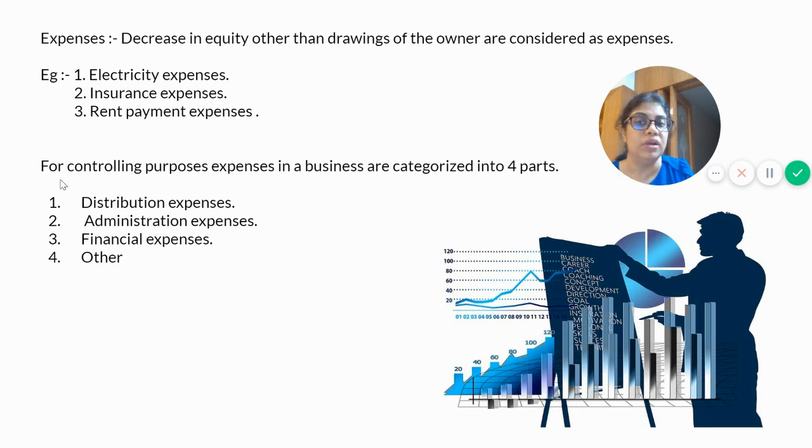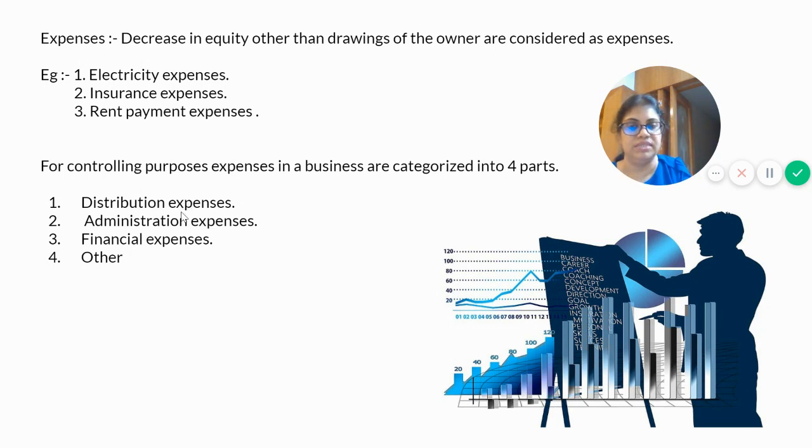Then for controlling purposes, at the time of preparing financial statements, we'll be categorizing these expenses into 4 parts. This is mainly for controlling purposes. Thereby, the expenses will be categorized as distribution expenses, administration expenses, financial expenses, and other.